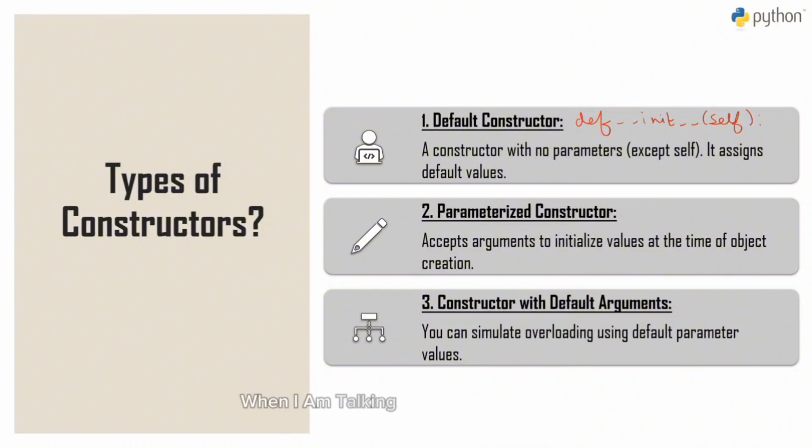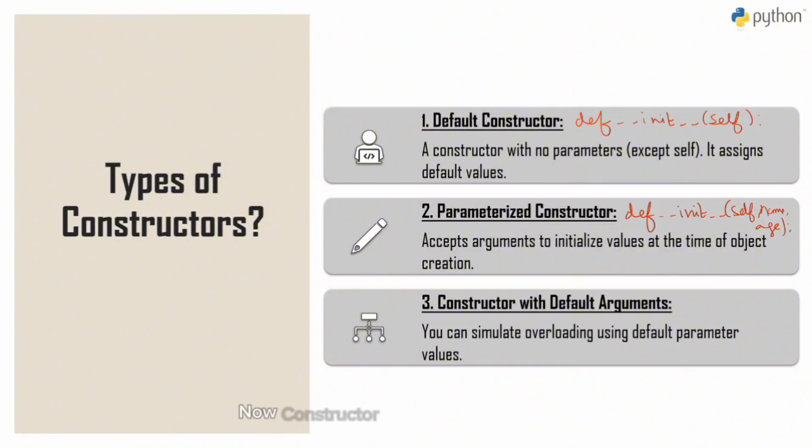When I am talking about a parameterized constructor, that means I need to pass some parameters. Self will be our first parameter, then name, comma, age. So name and age are two parameters which we are using inside the constructor. This is called a parameterized constructor.